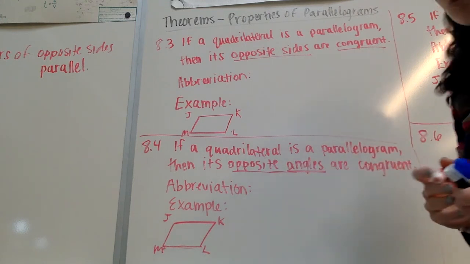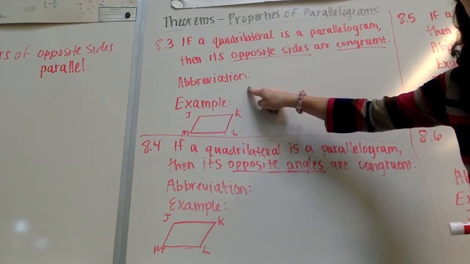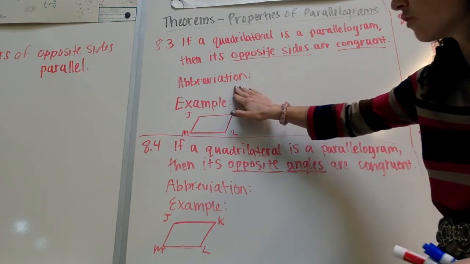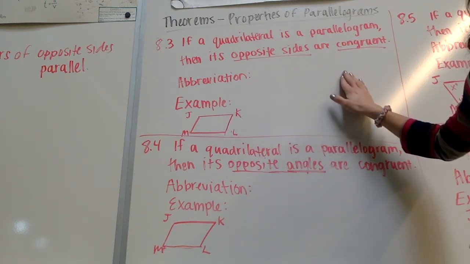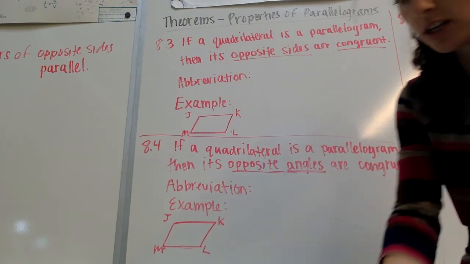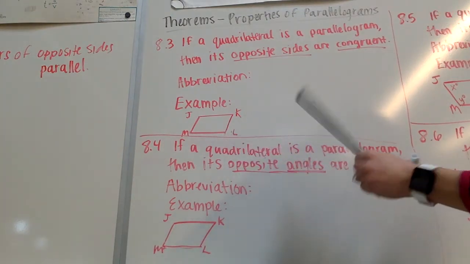So we are going to write that in an abbreviation form. This abbreviation form is what you will write in your reasoning on your proofs. Let me say that again. This abbreviation form is what you need to write on your proofs in your reasoning section. Okay, so we're going to write out the abbreviation here, and it is written like this.